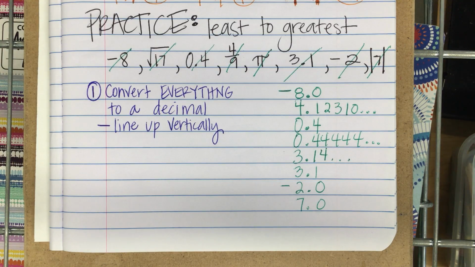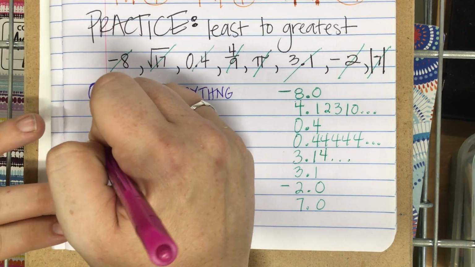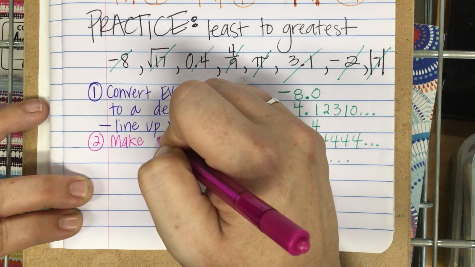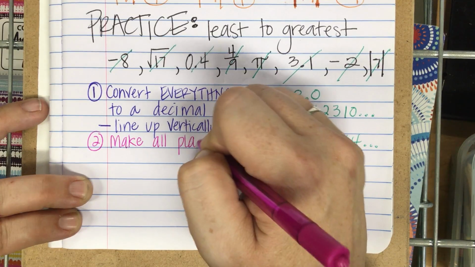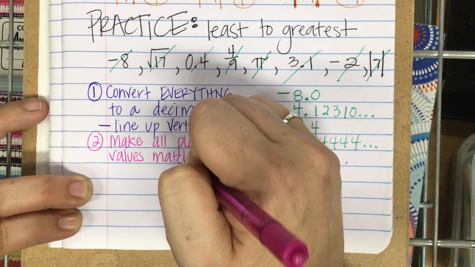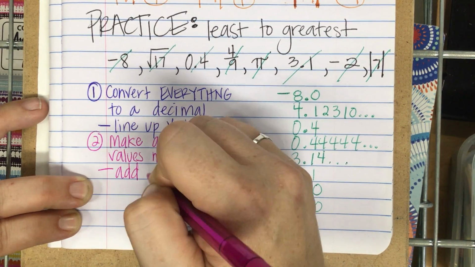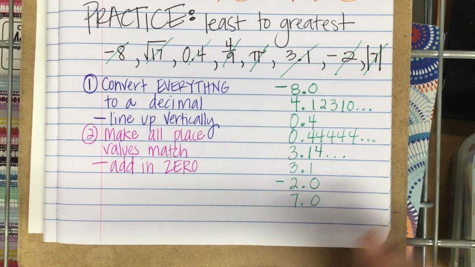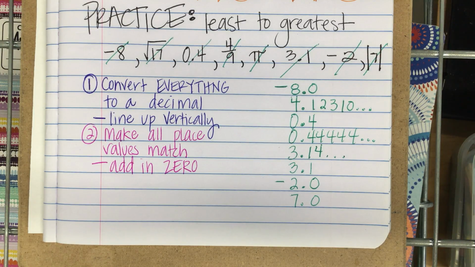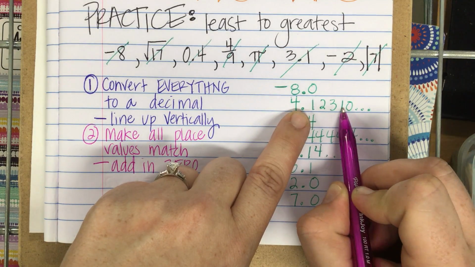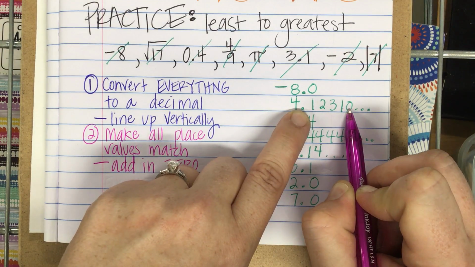The first thing we did was we converted everything to a decimal and we lined it up vertically. The second thing we're going to do is make all place values match, which means add in zeros if you need to. So if you look, I wrote 1, 2, 3, 4, 5 places.